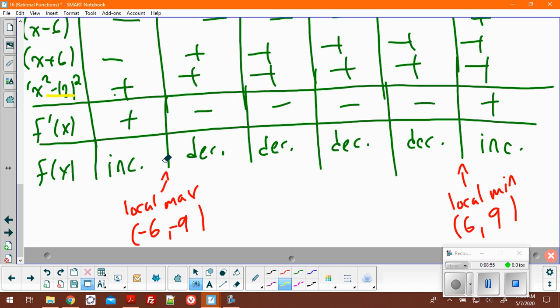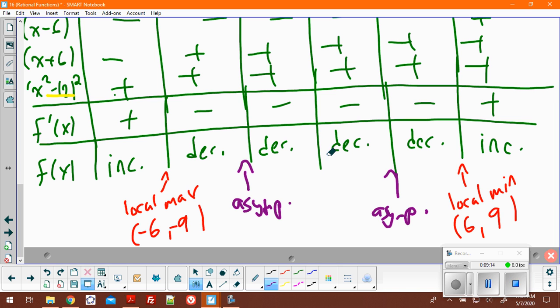So this is a local max here. This is a local min here. Let's mark these off. This was the vertical asymptote, and this was also a vertical asymptote. So those are not maxes or mins.